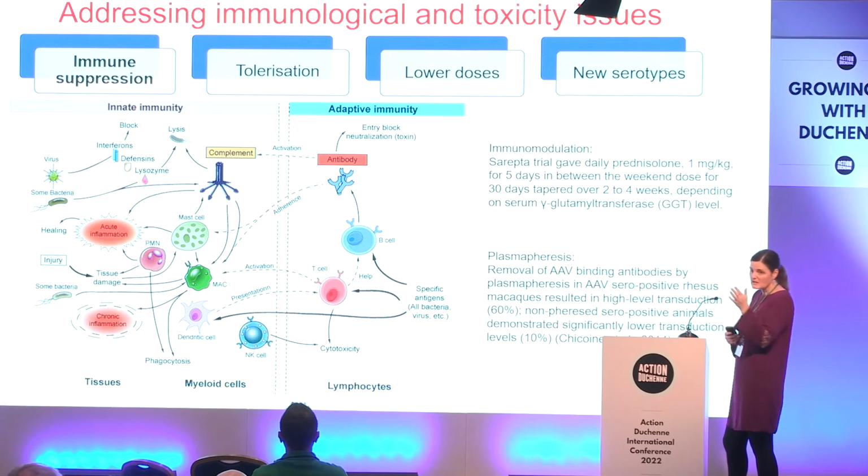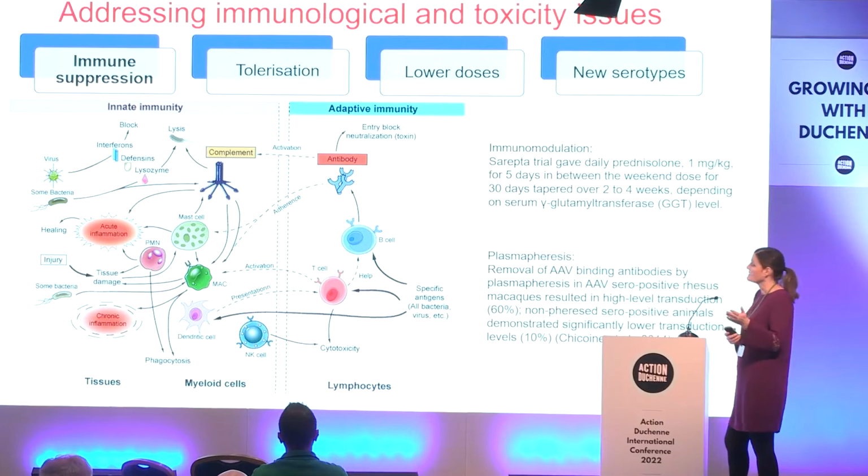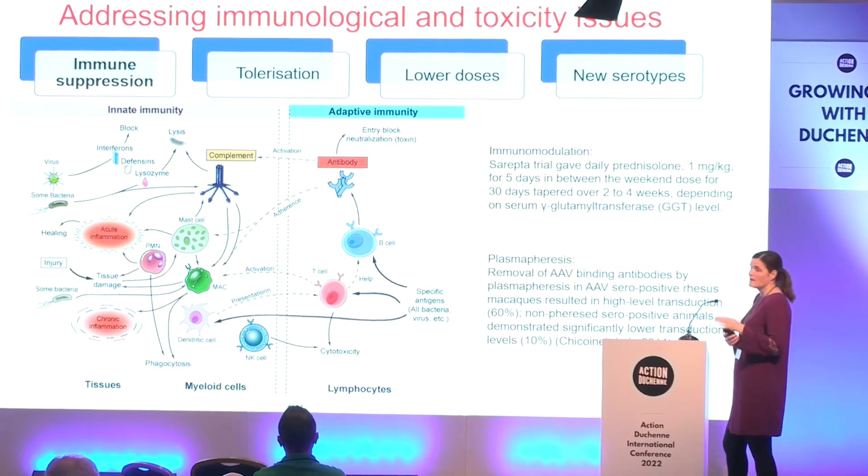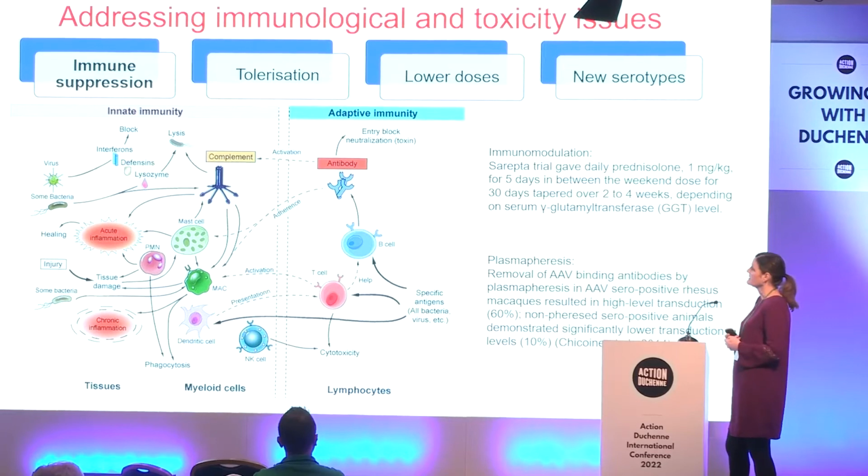So 30 to 60% of us already have antibodies, including patients who might be treated, to the AAVs that are going to be used. And they will obviously mount a really strong immune response to the AAV and clear it. So that's why patients who already have antibodies are precluded from trials. So that cuts down the applicability.